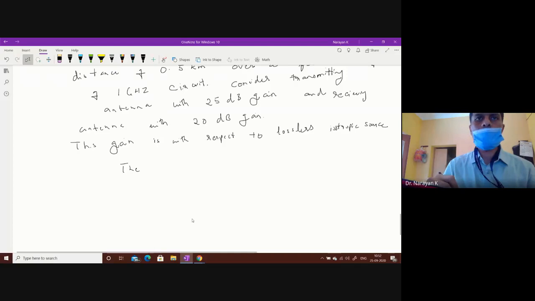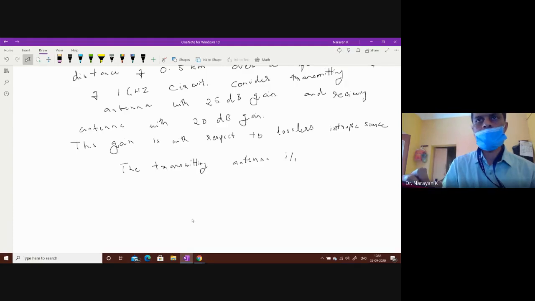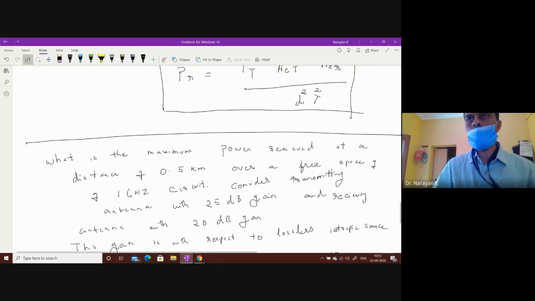The transmitting antenna input is 150 watts. So I'll repeat, what is the maximum power received at a distance of 0.5 kilometer over a free space of 1 gigahertz circuit?